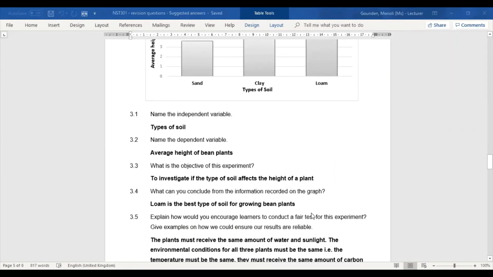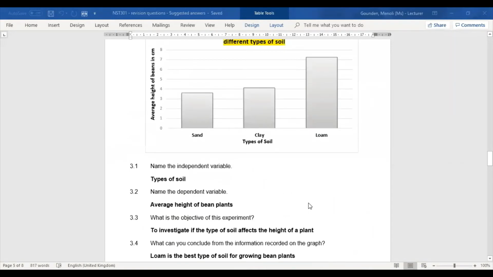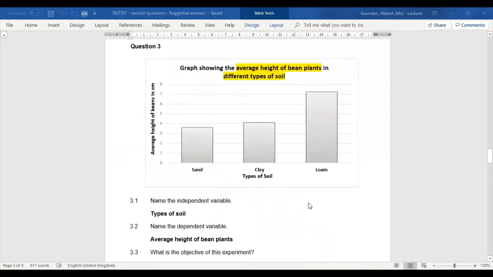3.4, what can you conclude from the information recorded on the graph? So this question now requires you to analyze the data given on the graph.